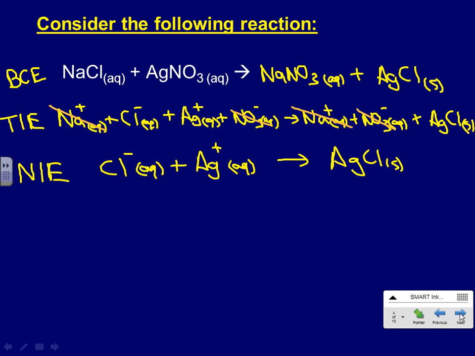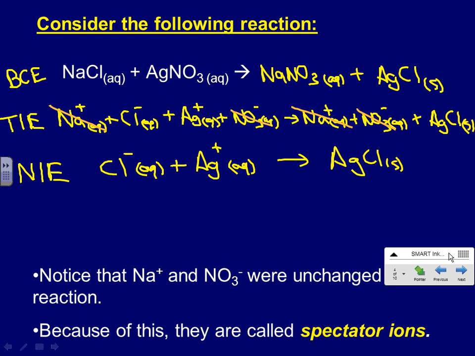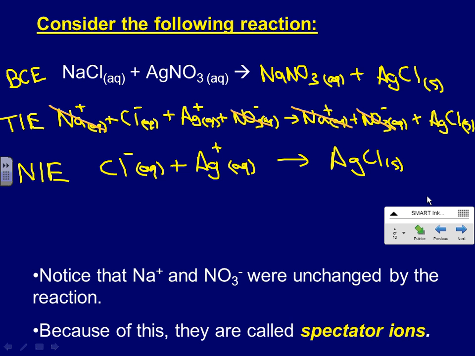So in this case, we had a chloride get together with a silver. A couple of definitions here, or a definition on what a spectator ion is. Now that's not to say that sodium, potassium, and ammonium and nitrate are the only spectator ions.